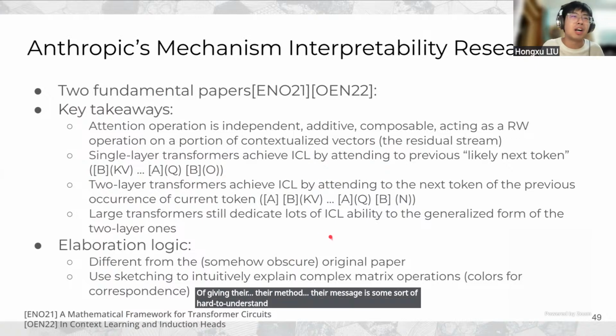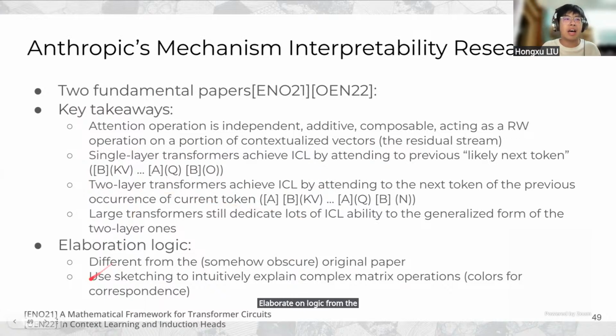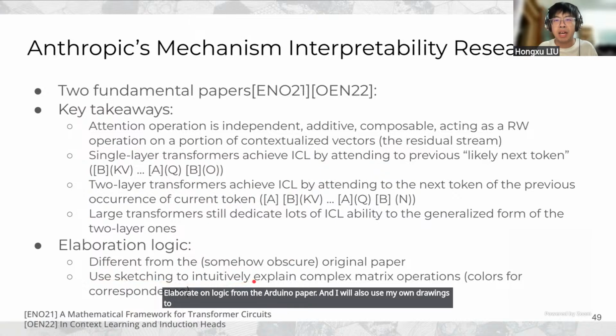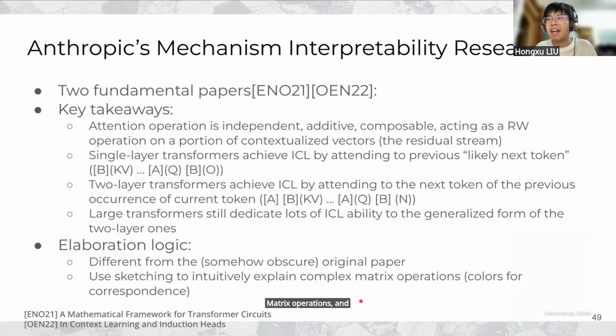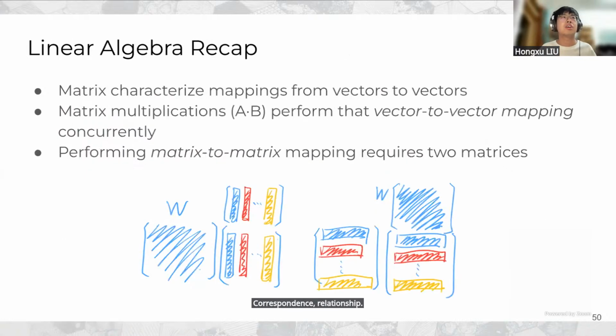So I'm going to adopt a very different elaboration logic from the original paper, and I will also use my own drawings to intuitively explain the complex matrix operations. Please bear in mind that I will use a lot of different colors, which stand for correspondence relationships. We start from some simple linear algebra concepts.